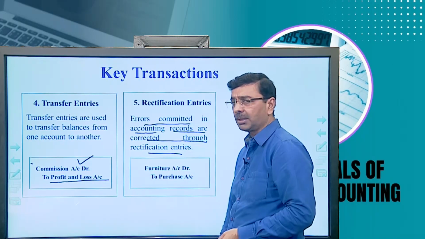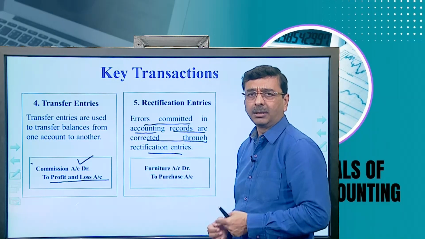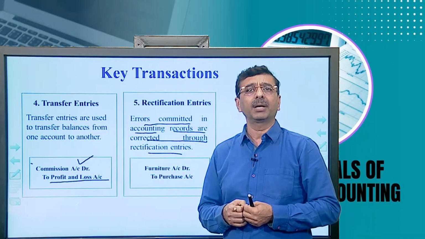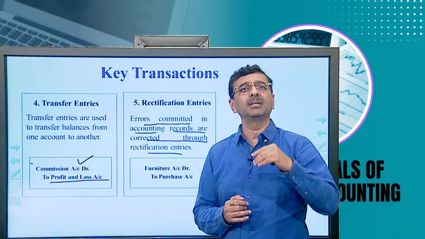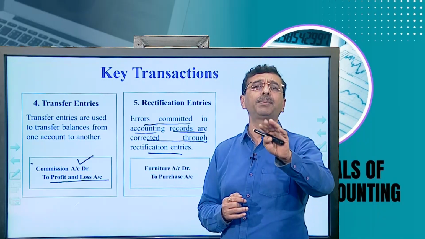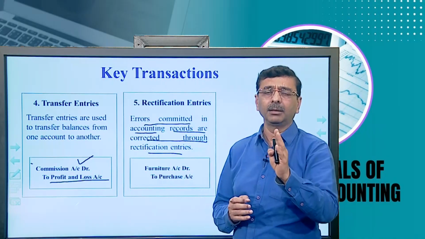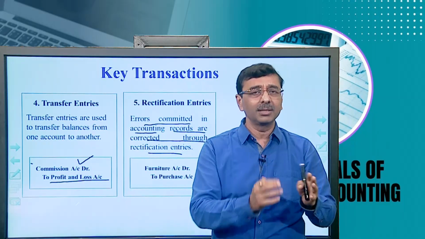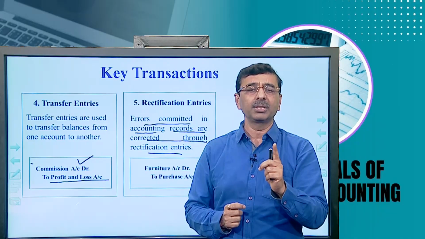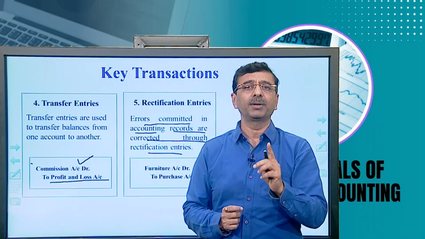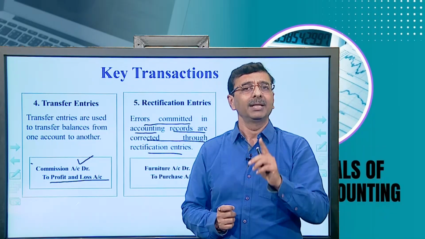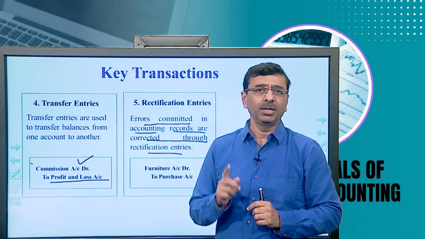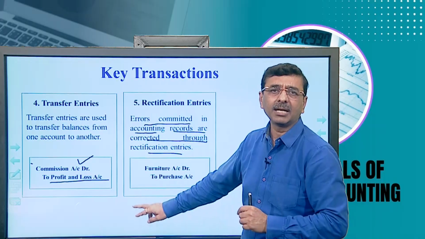Suppose you purchase furniture, but by mistake you record it as a purchase. If the furniture is treated as goods, then the purchase is right. But if it is not your regular goods, then it should be treated as furniture rather than purchases. If you recorded it as a purchase, then it has to be rectified.